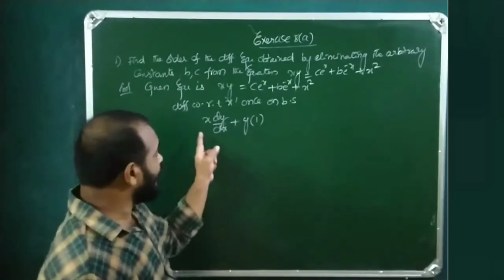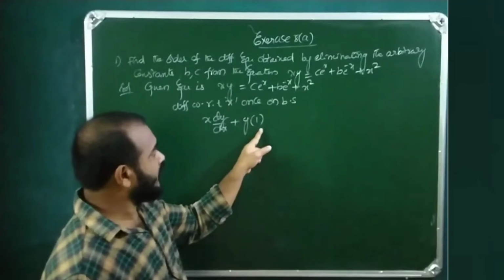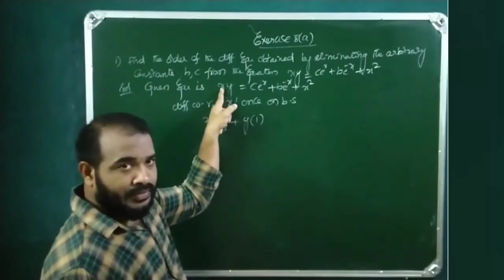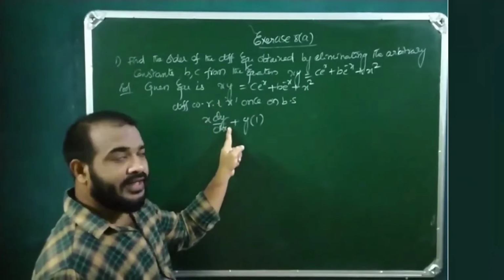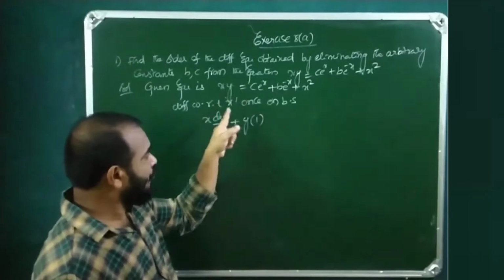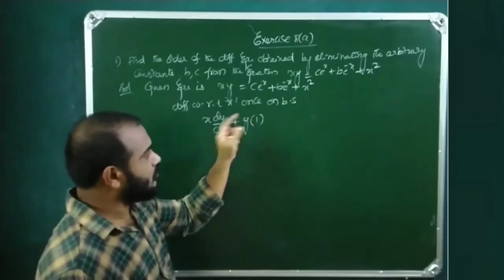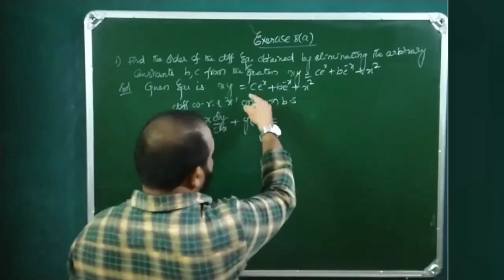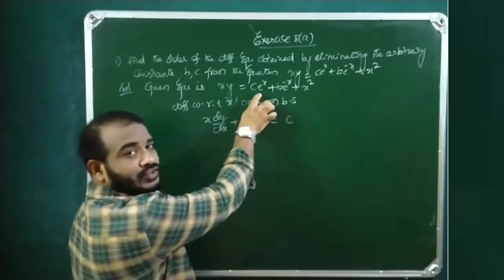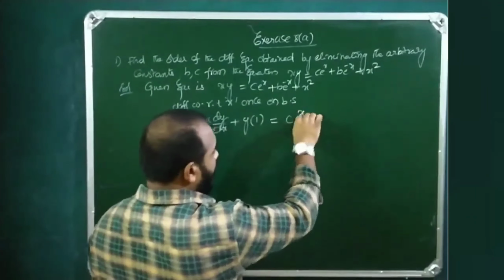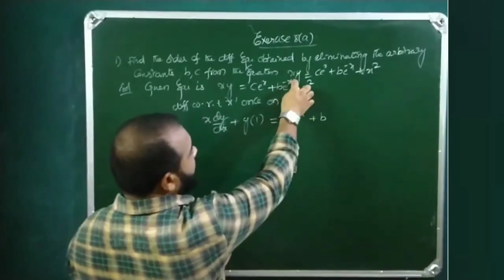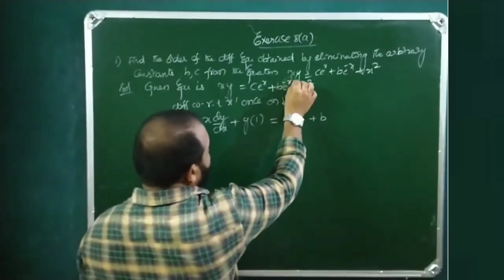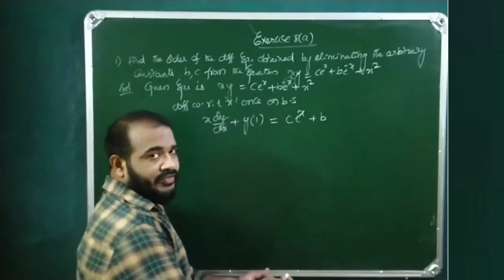Last year we studied uv' + vu'. Here u means x, v' means d/dx of y, which is dy/dx, plus v, this is y here, into d/dx of x, which is 1, equals c into d/dx of e^x itself plus b into d/dx of e^(-x). The derivative of e^x is itself.